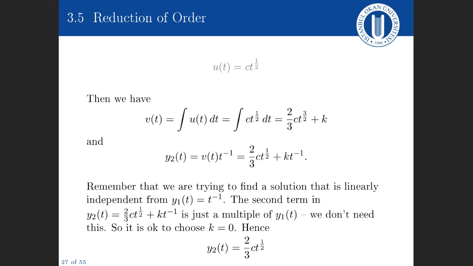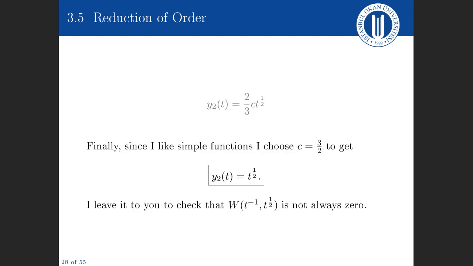So far we have y2 is 2/3 c t to the power of a half. And this will be our solution for any non-zero c. But I like easy functions. I like simple functions. I don't want anything complicated.